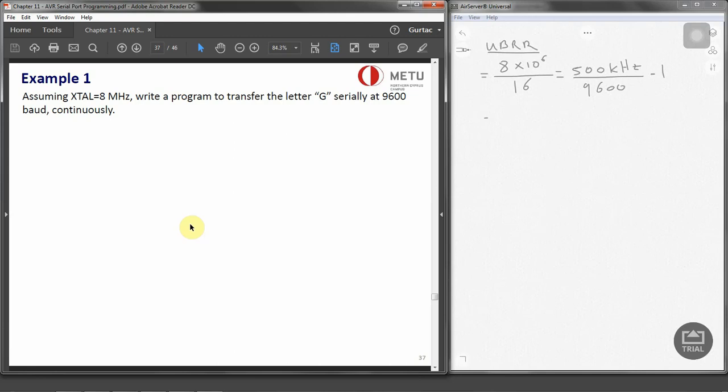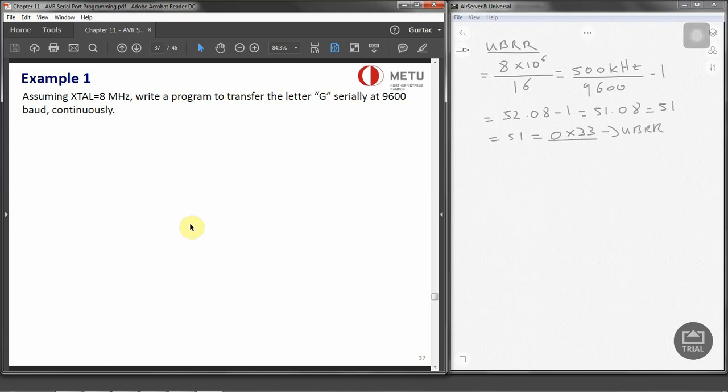This gives us 52.08 minus 1, which is 51.08, which equals 51. And 51 in hex is equal to 0x33. So this is what is going to be loaded into UBRR.